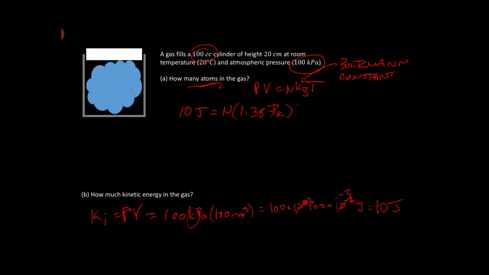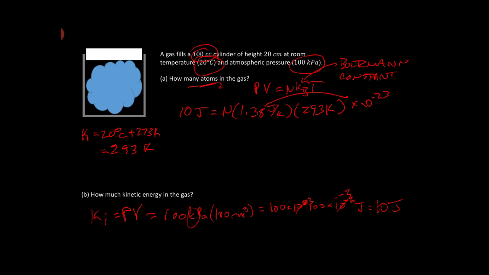And I should figure out what this is, 20 degrees Celsius. So let's see, what is that in Kelvin? To go from degrees Celsius to Kelvin, that's 20 plus 273, which is 293 K. That minus 23 is important.